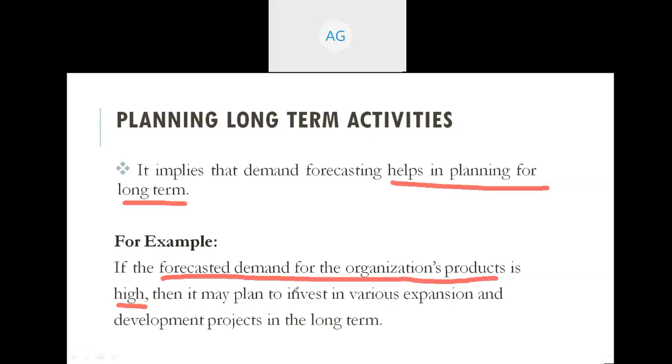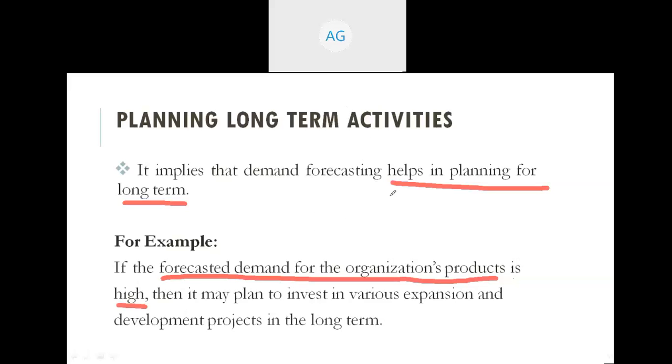So basically, if the demand for the products produced by the organization is high, then obviously it needs to produce much more product. Then in that case, the organization needs a long term activity to plan for producing those items or products.